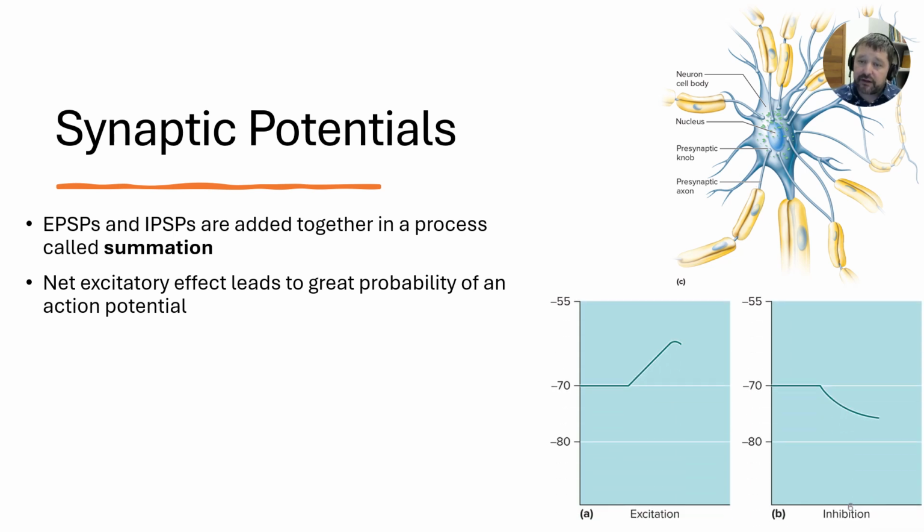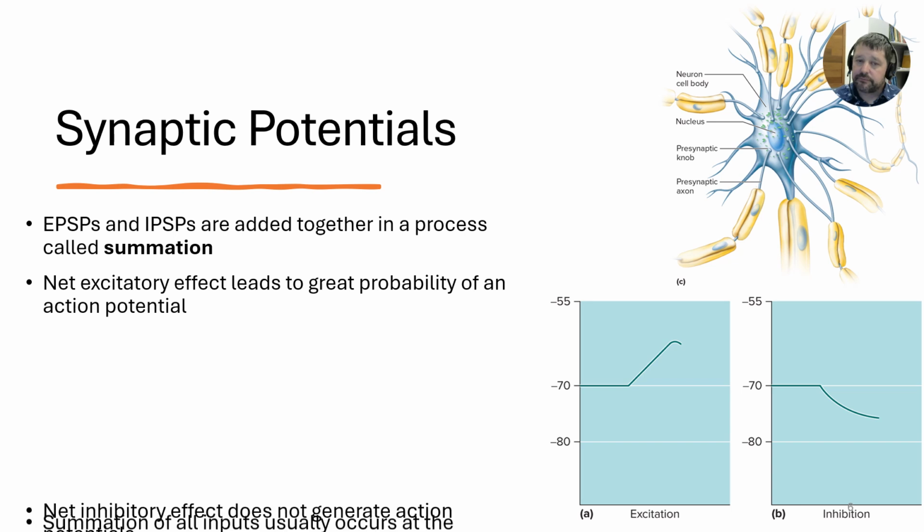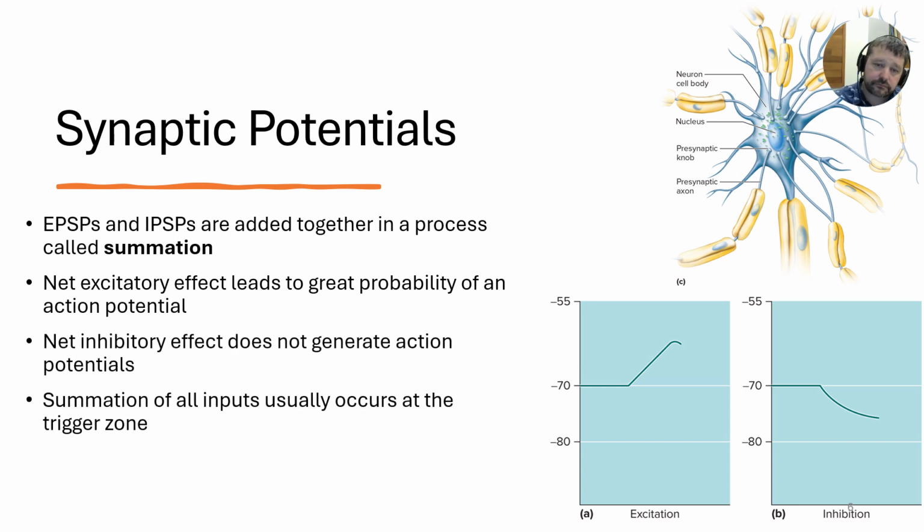Remember, we're trying to get to that negative 55. So if we're exciting, but not at quite enough of a rate, or there's more inhibition in the system, then we won't reach the threshold. If there's far more inhibition, it'll just continuously be negative. So a net inhibitory effect does not generate an action potential.